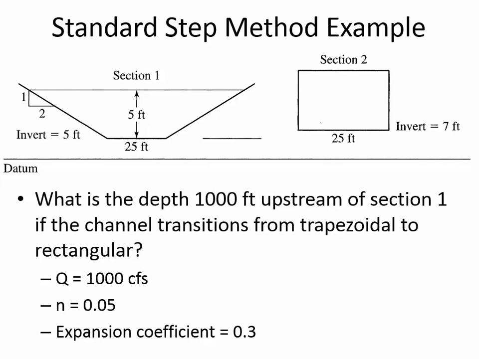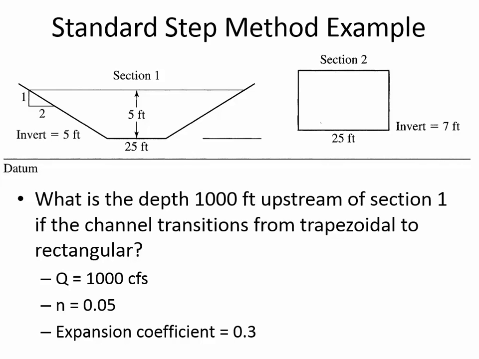Now the top width of a trapezoid is going to be T is going to be 25 feet plus 4 times whatever the flow depth is. So 4y. And what we're trying to find is when y equals the critical depth.